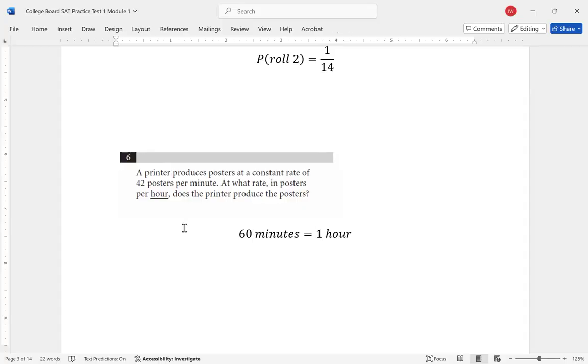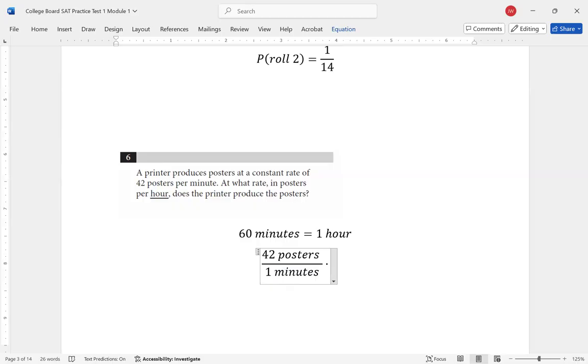And then if we're talking about 42 posters per minute, a lot of times I think of that as a ratio, 42 posters per 1 minute.